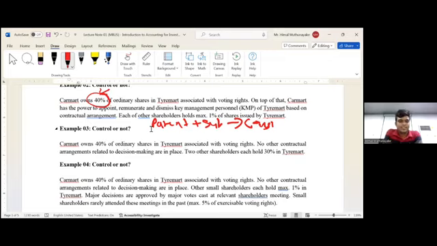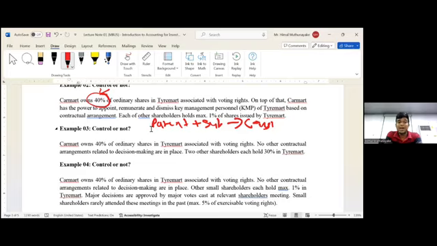Example number 4. It is kind of a difficult one, right? Most of you got it wrong, I think. Carmart owns 40% of the ordinary shares in Tire Mart associated with voting rights. No other contractual agreement relating to decision making is in place. Other small shareholders each hold a maximum of 1% in Tire Mart.